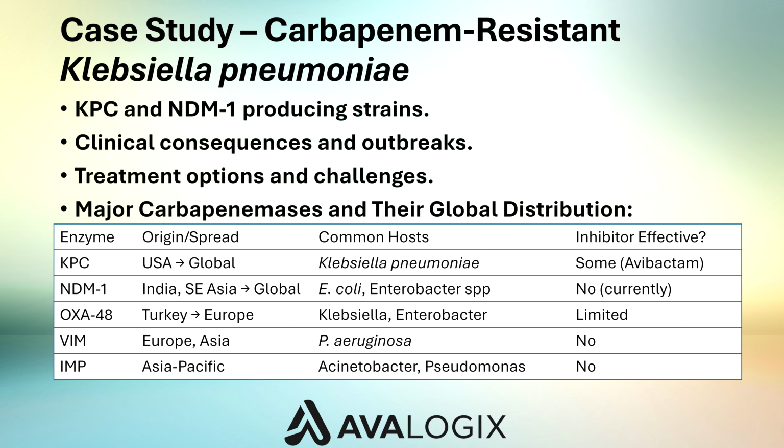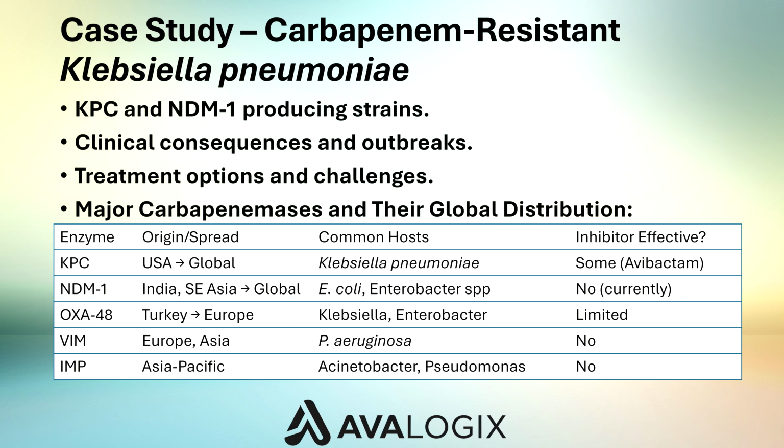The main mechanism here is the production of carbapenemases, enzymes that hydrolyze carbapenems. These include KPC, Klebsiella pneumoniae carbapenemase, NDM-1, New Delhi metallo-beta-lactamase, and OXA-48. These genes are often carried on plasmids, making horizontal gene transfer easy and fast.